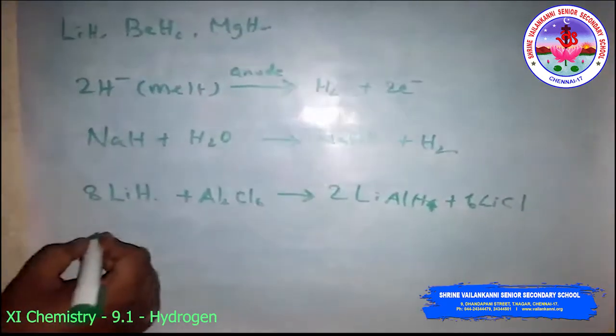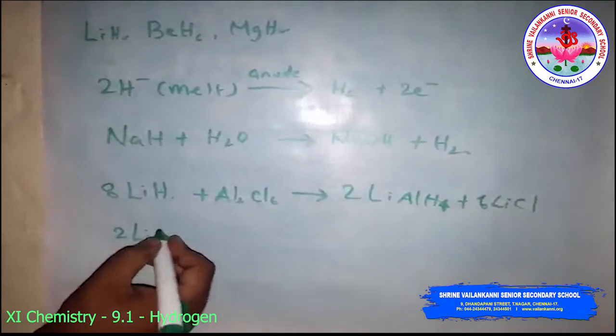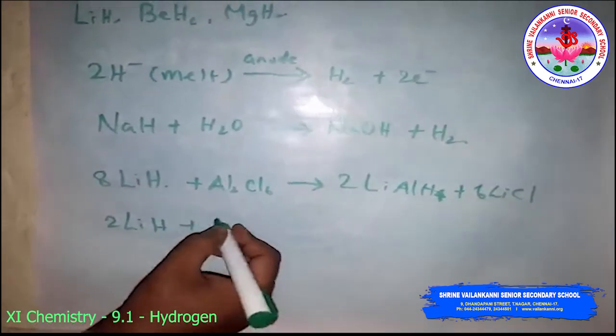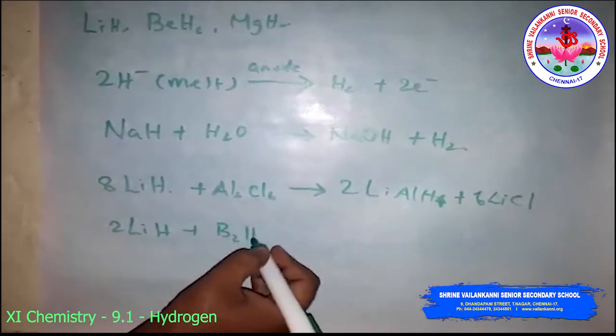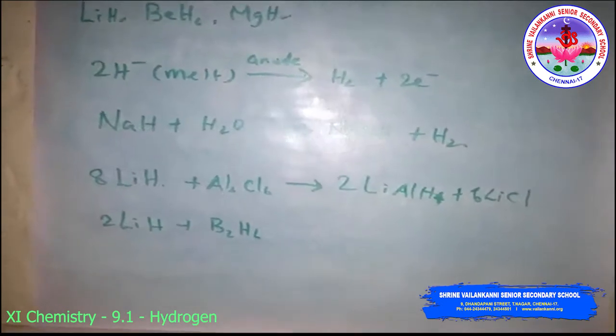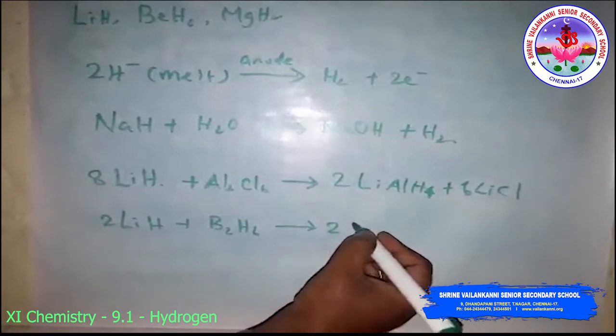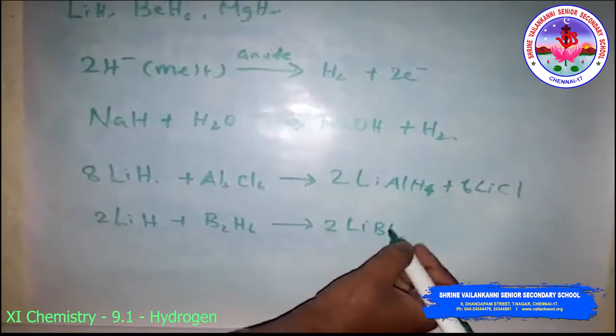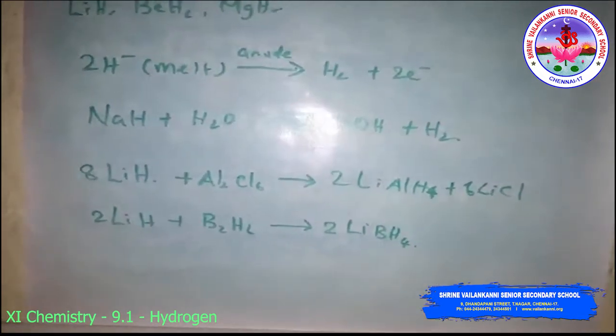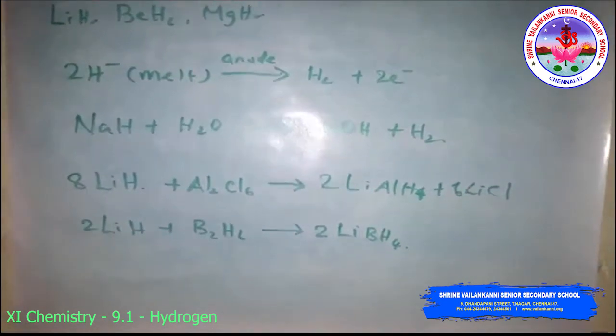Then 2 moles of lithium hydride react with diborane, B2H6, to form lithium borohydride. So this is the ionic hydride.